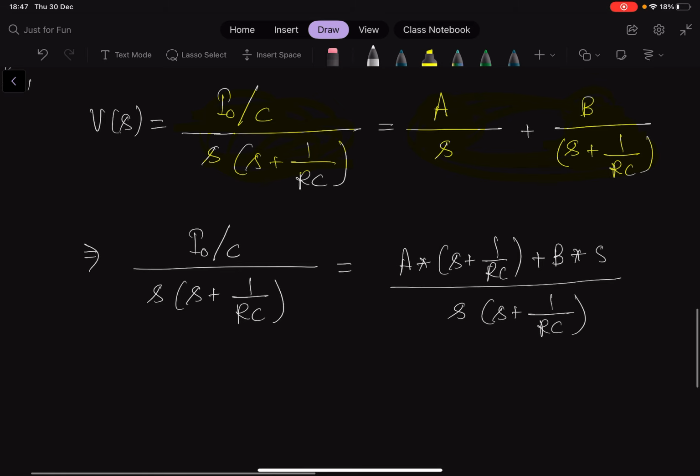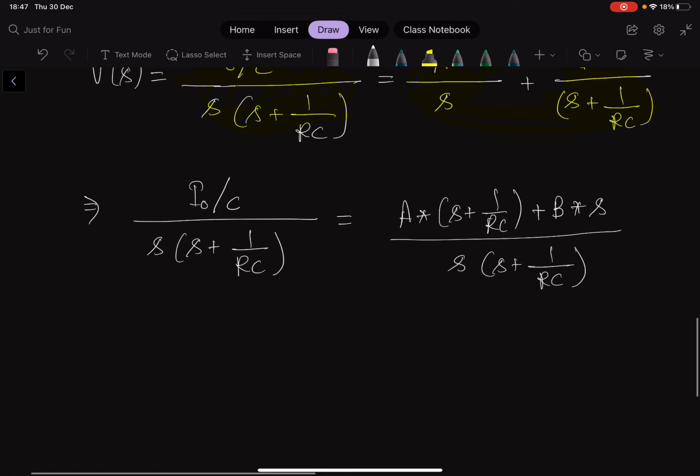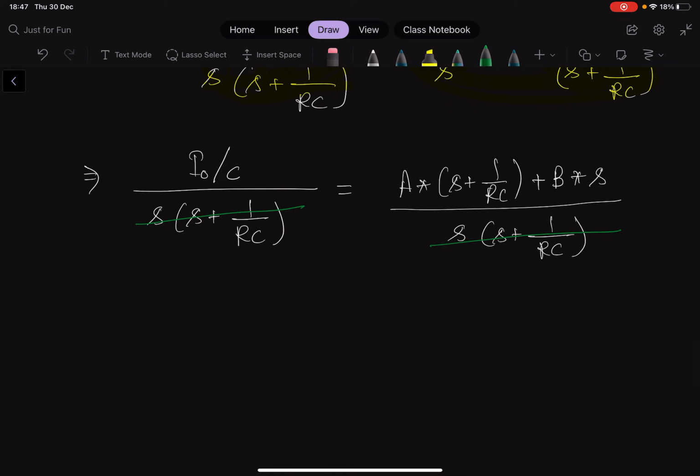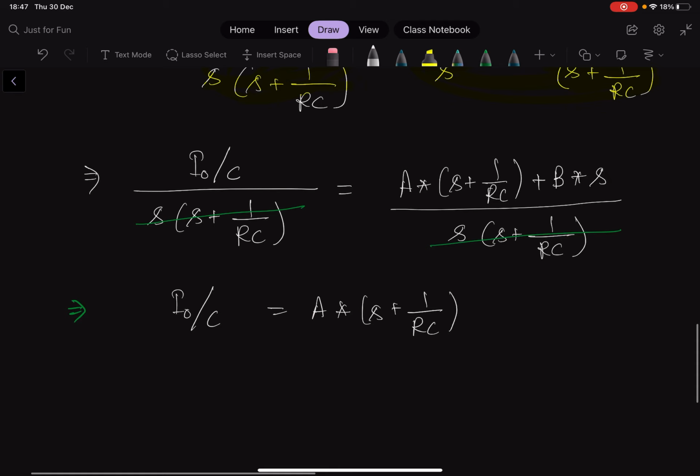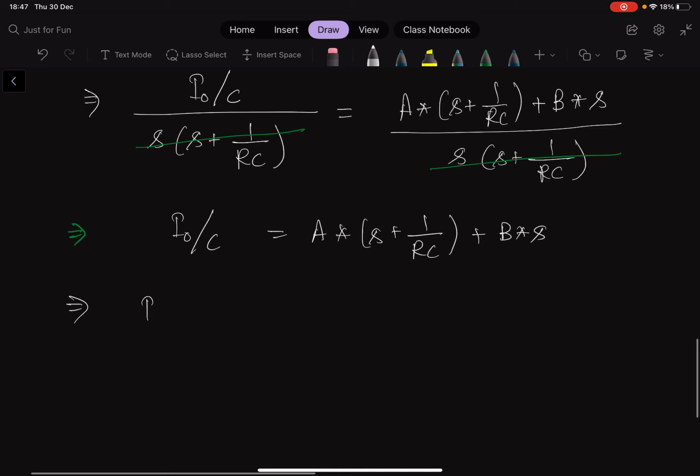Then we can clearly see that the denominators cancel out each other. So what is left over, I will say, this is my left hand side and this is my right hand side. I will expand the right hand side now, in the next line: I naught over C equals A times s plus A times 1 over RC plus B times s.